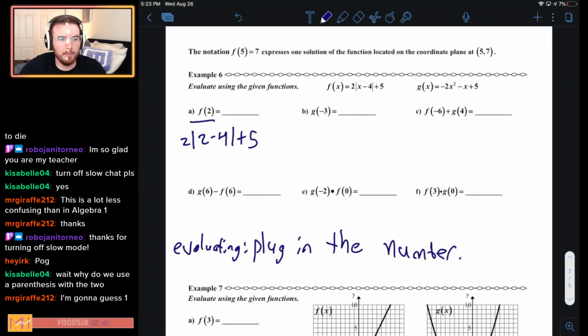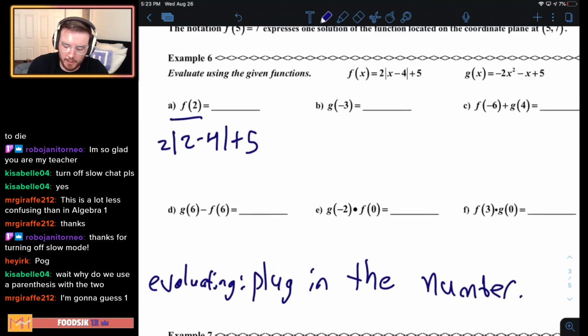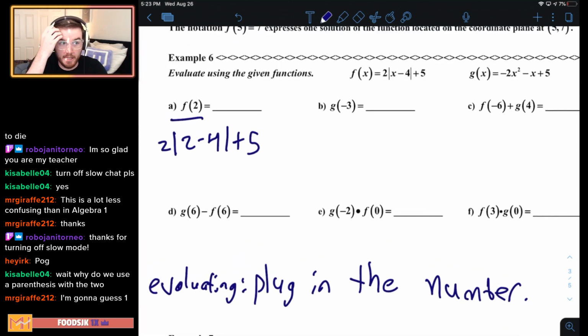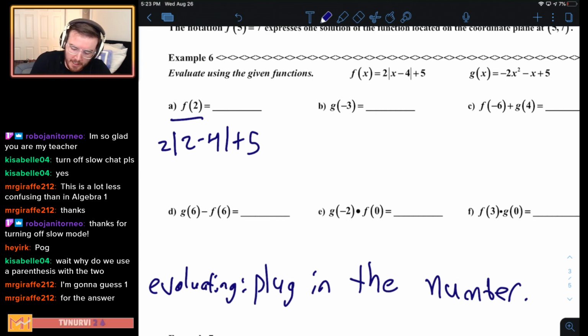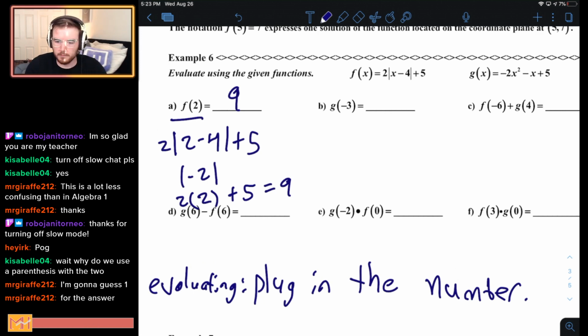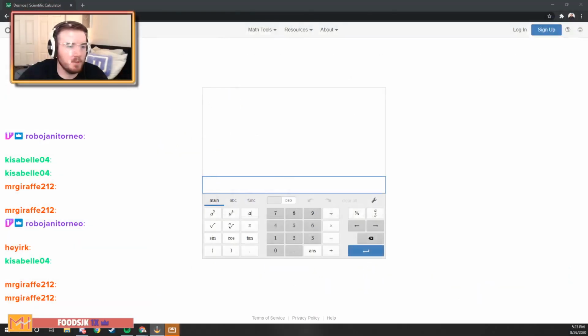So when I plug in 2, you probably could do this in your head. 2 minus 4 is negative 2. Take the absolute value of negative 2. What is that? Positive 2. 2 times 2 plus 5, which is 9. You can plug that into the Desmos scientific calculator.